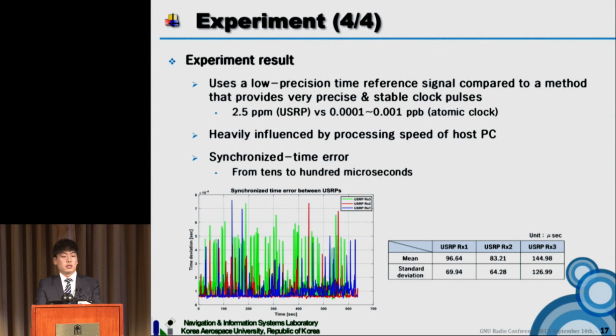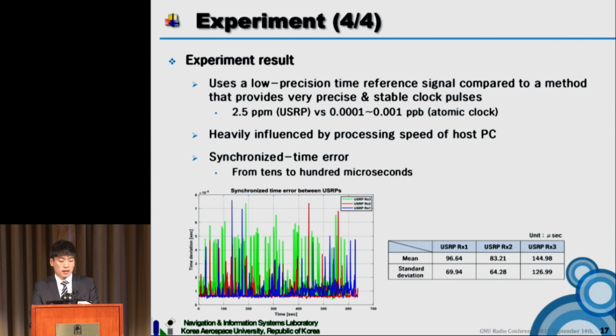In the experiment, we used a low precision time reference signal compared to very precise and stable clock pulses. But I guess the main error is in the operational code, which is not optimized.